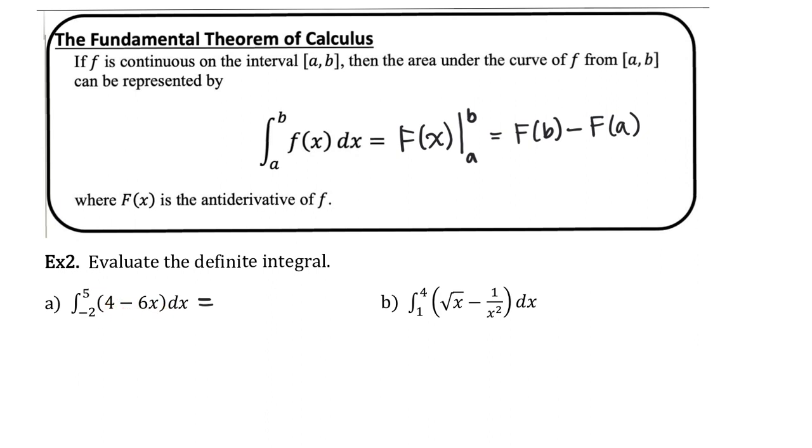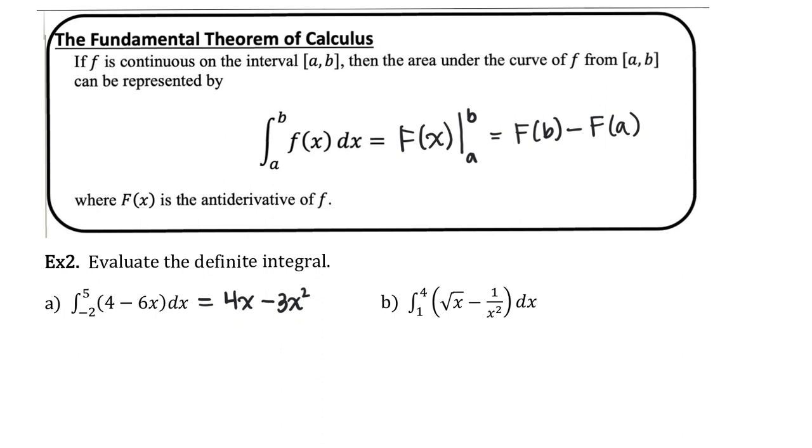The antiderivative of 4 is 4x, minus, for 6x, I'm going to raise it a degree, so now it's 6x squared, and I'm going to divide it by the new power, which is 2. Let me rewrite this as negative 3x squared.